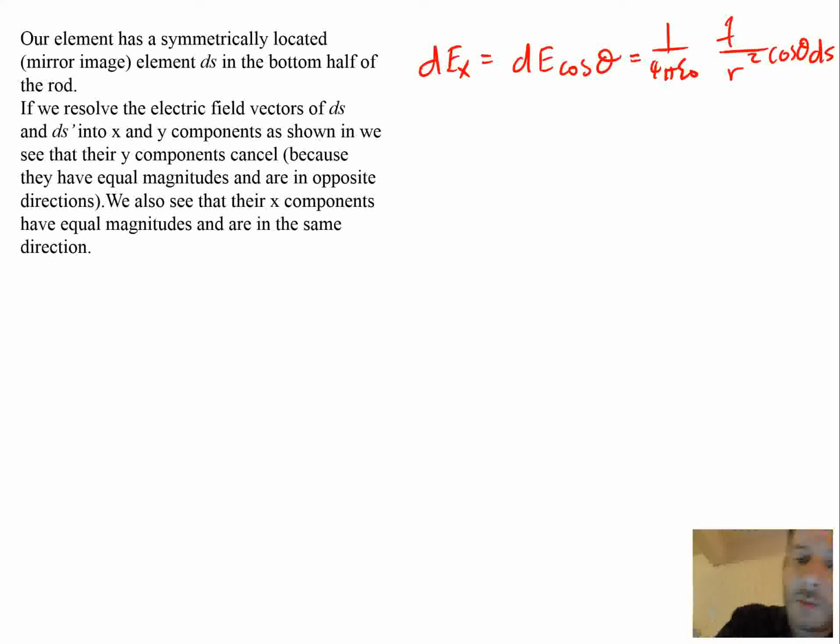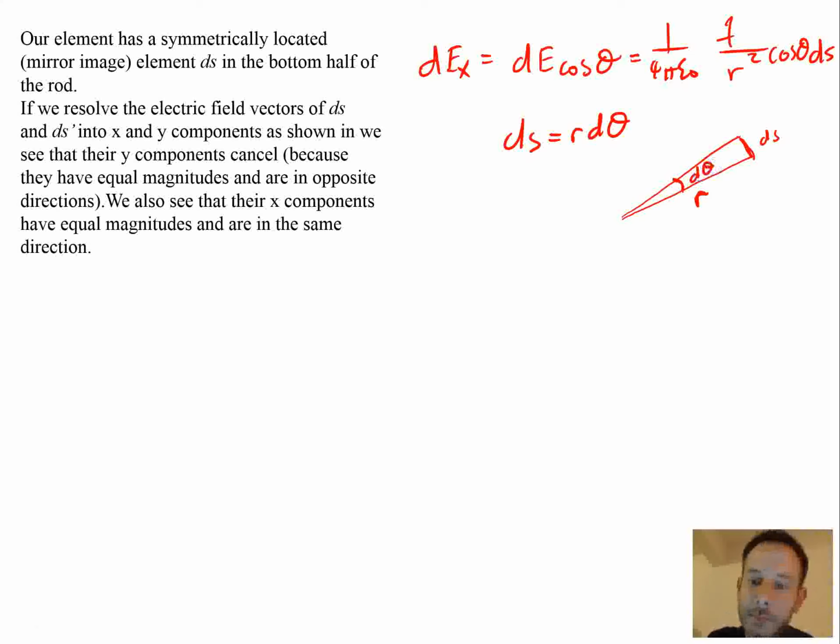So we want to eliminate one of them to simplify. To do this, we can use the relationship ds is equal to r d theta. If you look at just a very small sliver of the pie, this is our ds, this is our r, and that is our angle, d theta. So we can see the relationship there. Let's plug this in so we get rid of the ds.